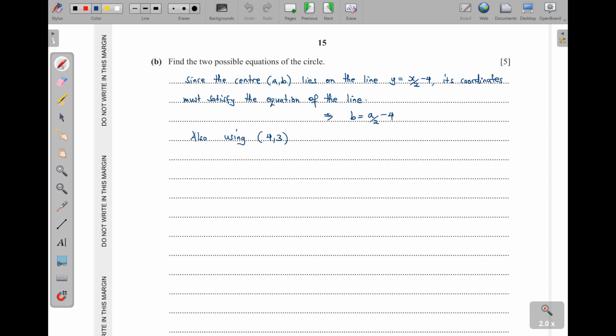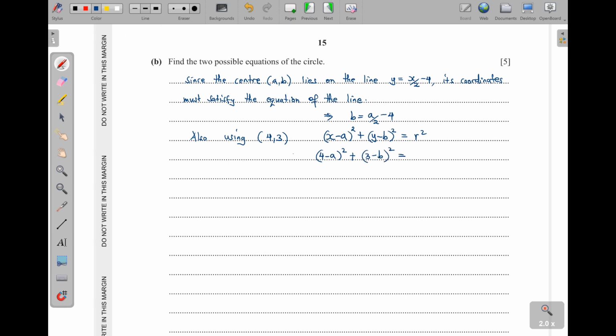So what I'm going to do: the general equation of the circle is (x minus a) squared plus (y minus b) squared, which is equal to the radius squared. So when I use this one here, we shall have (4 minus a) squared plus (3 minus b) squared.